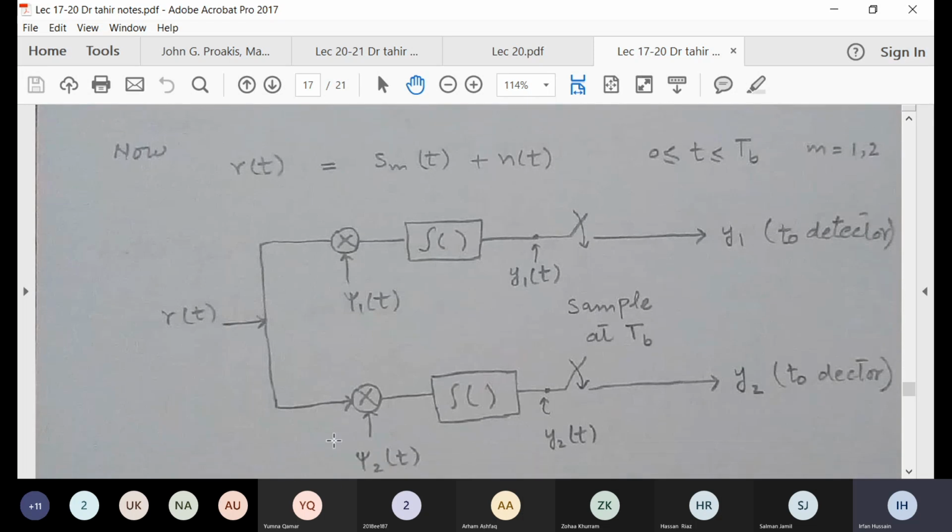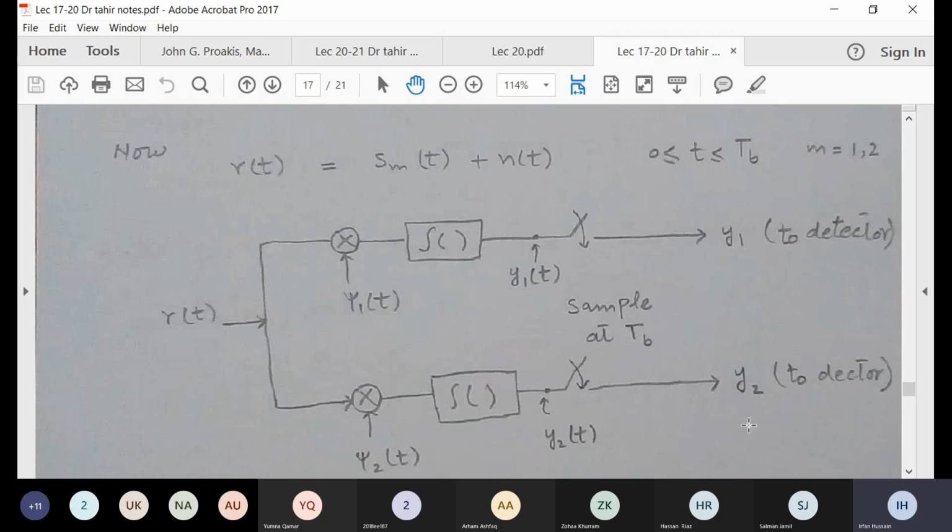So the received signal goes to the correlator, which will look like this. For the antipodal case you had only one orthonormal basis, but for orthogonal signaling you have two orthonormal bases, so you will need two correlators, one with psi 1 and one with psi 2, again the same integral from 0 to TB, sampled at TB, and the outputs will give you y1 and y2.